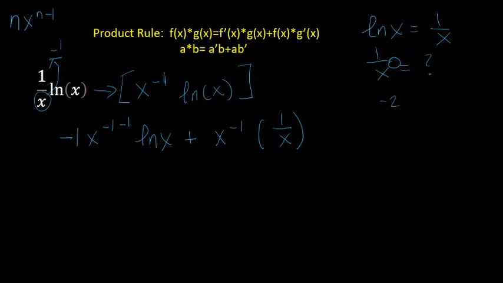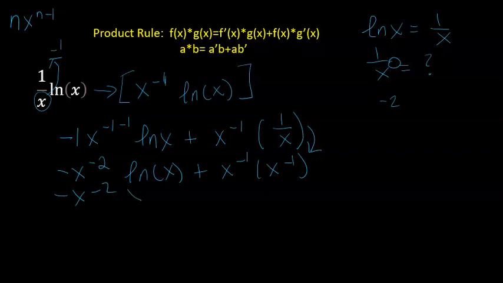So then that gives me negative x to the negative 2 ln x plus x to the negative 1 times x to the negative 1. This is the same thing. I just rewrote it, which gives me negative x to the negative 2 ln x plus x to the negative 2. Do you see a pattern? All I did is put these together.